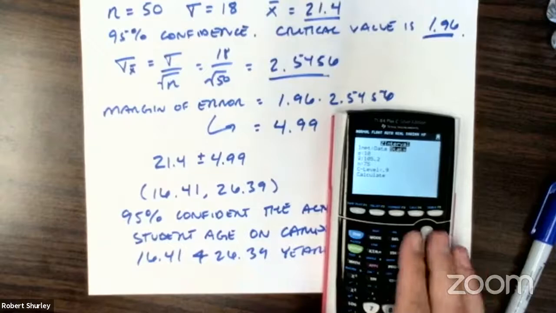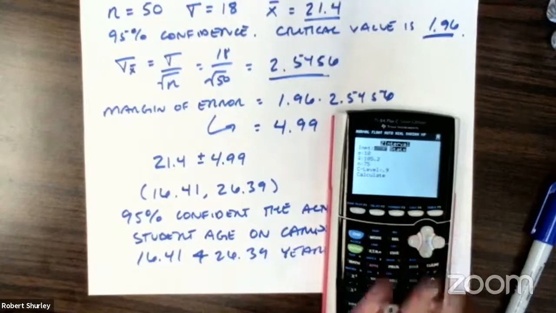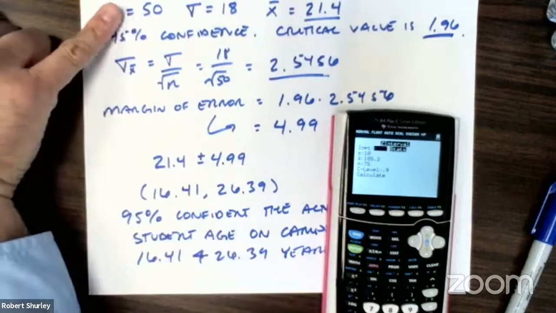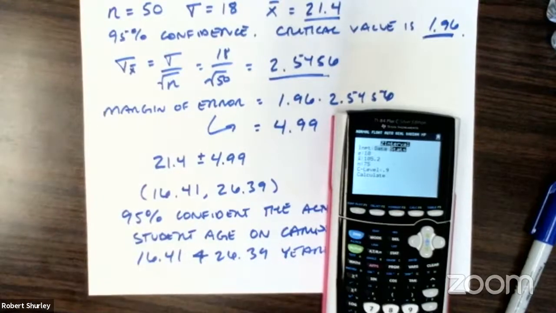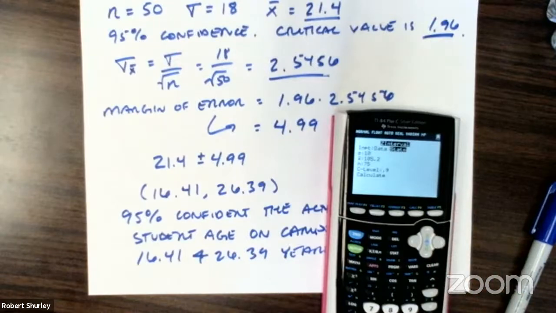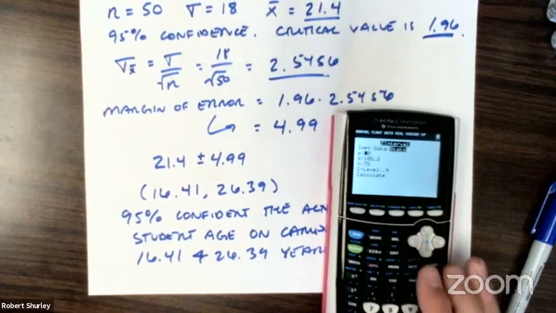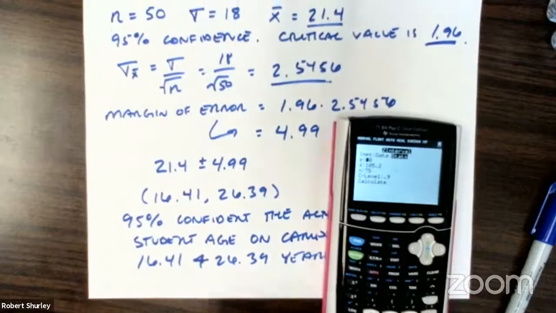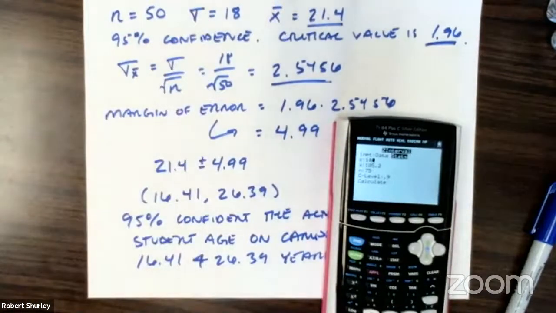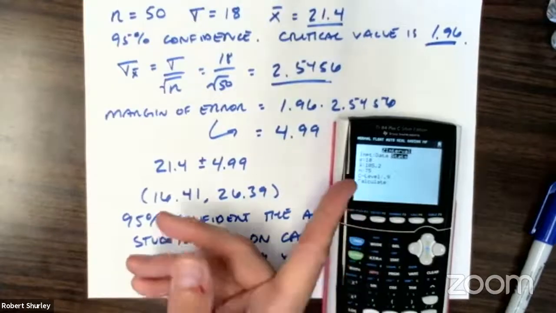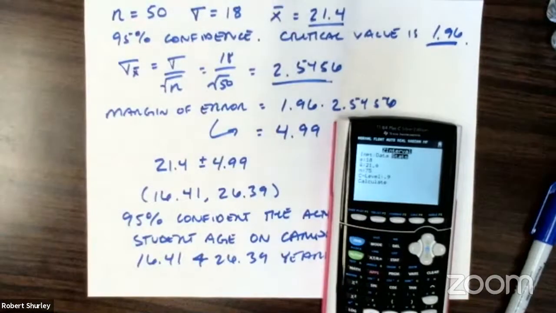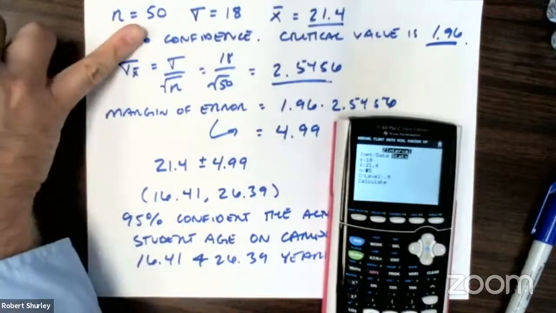Now, you can either put in the data, if we had the sample, like all 50 of these sample points. But we know the stats, so we're going to click on stats and input what we know. The standard deviation is 18, the X bar, the average age for these students, is 21.4, and our N value is 50.